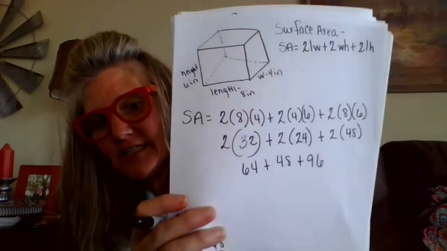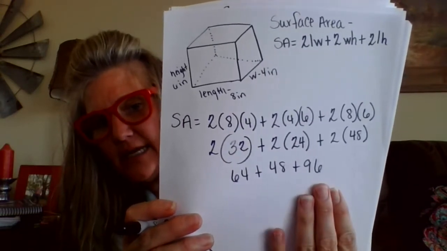So you have 32 times 2, that's 64, plus 24 times 2, which is 48, and 48 times 2, which is going to give you 96. You're going to add 64, 48, and 96.